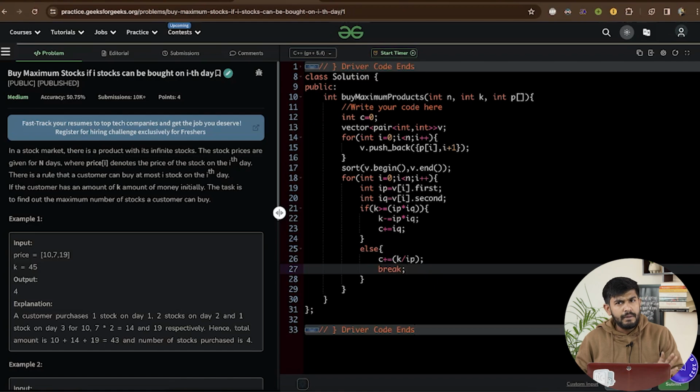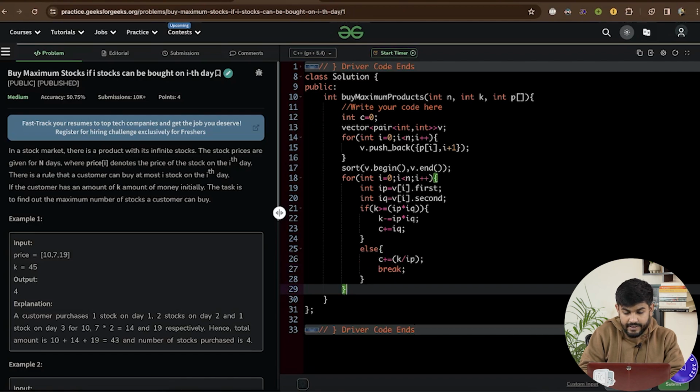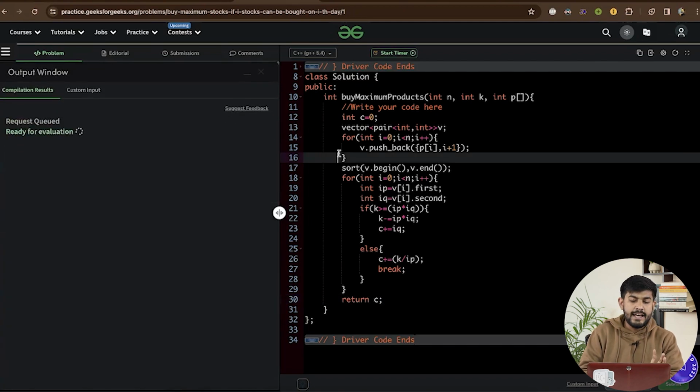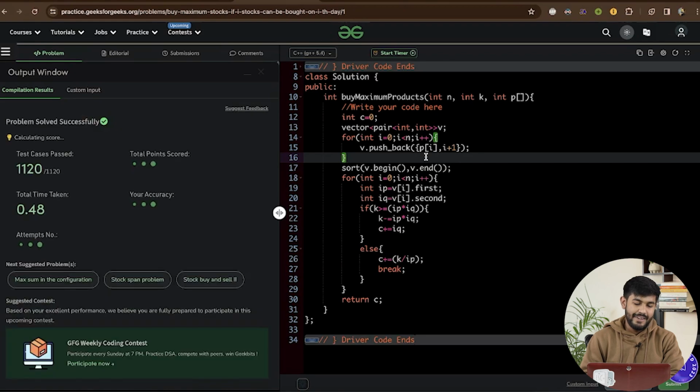So before stopping, buy, like exhaust all your money and then break from that point, and then at the very end we would return. So now everything is done. Let us just compare and then see how many errors are we making. Seems like no error is being made. So yes, this has been done.